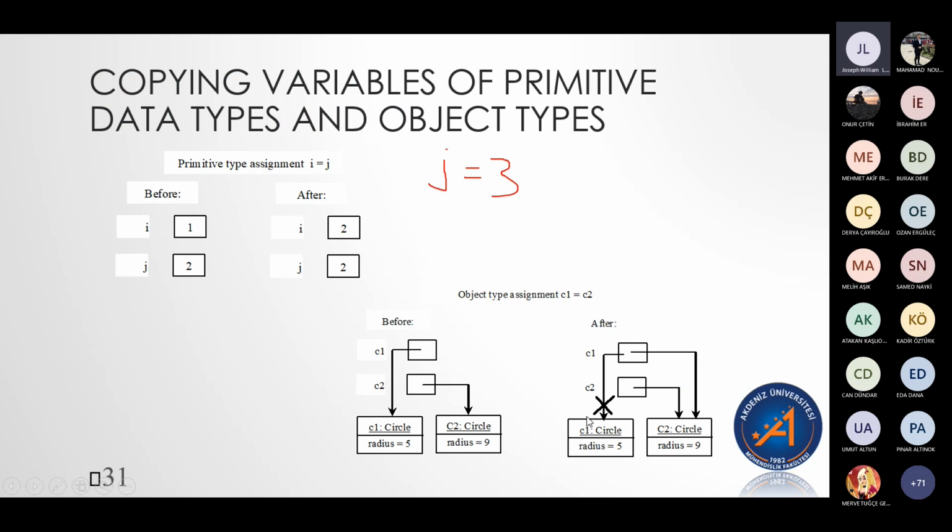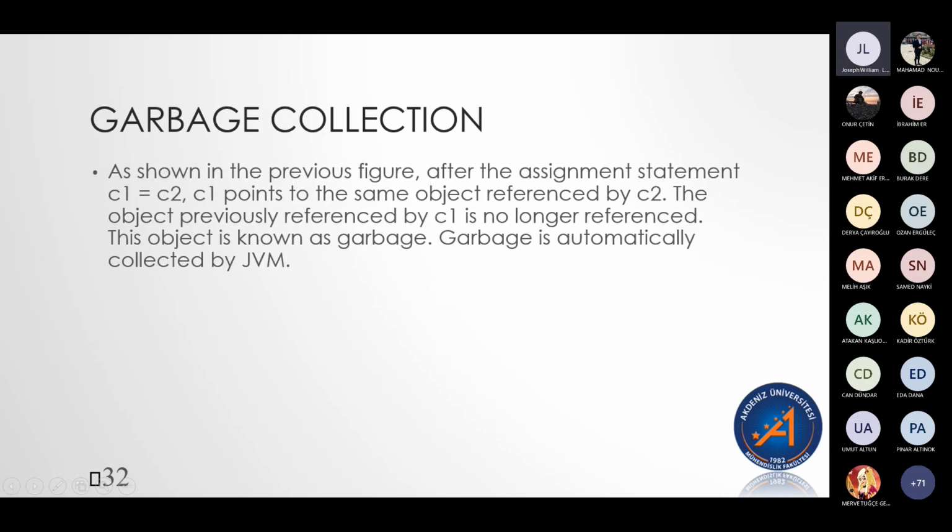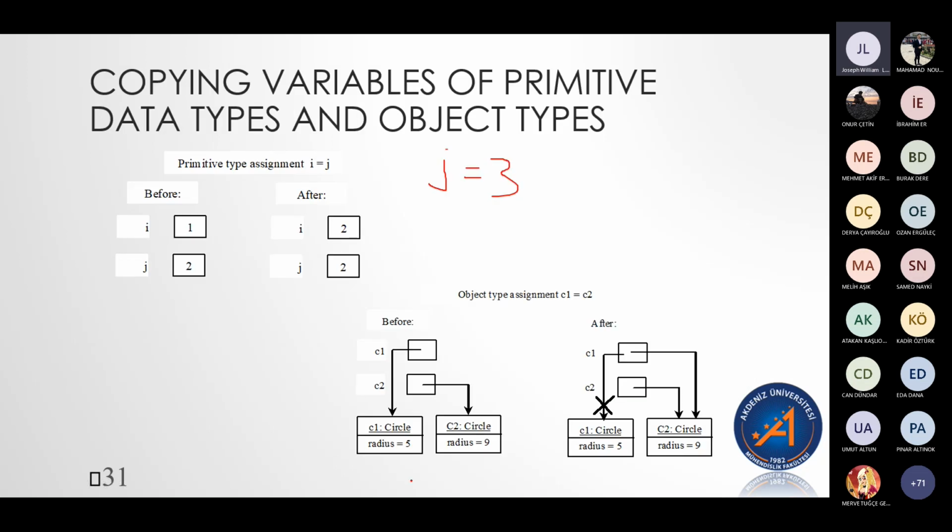Remember when we talked about this? Each time we created a new object, C1 pointed to a new object in memory out here. So when we created C1 equals a new circle, we created this. Then we did it again, then it gets rid of this and points here now. Then we did it again, and it points here now.